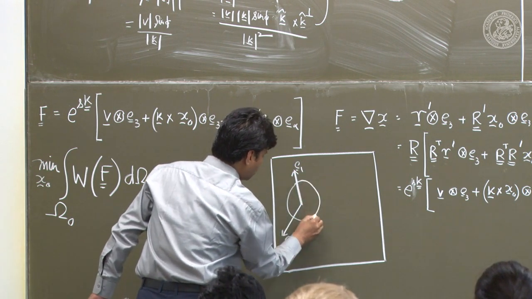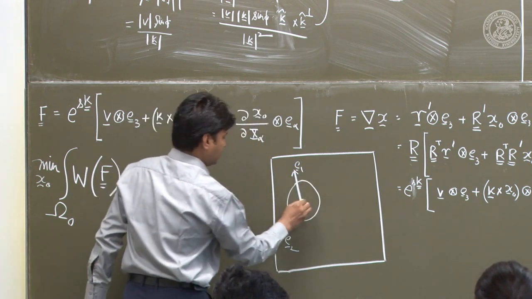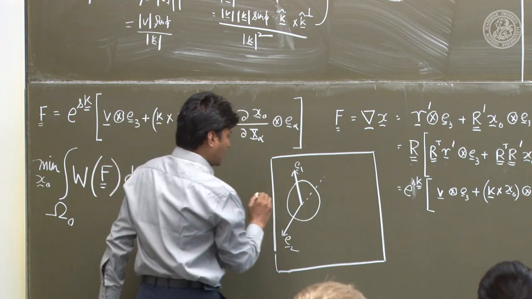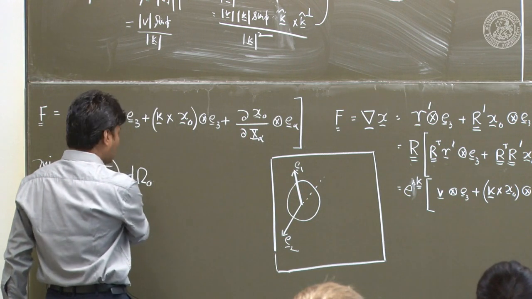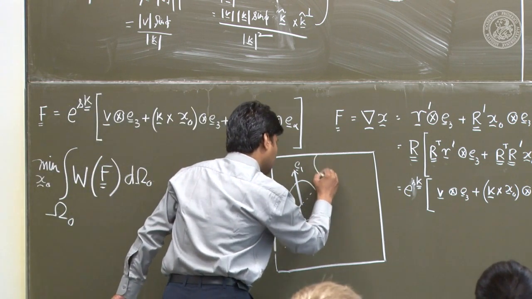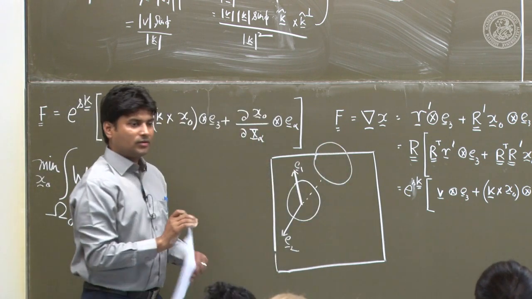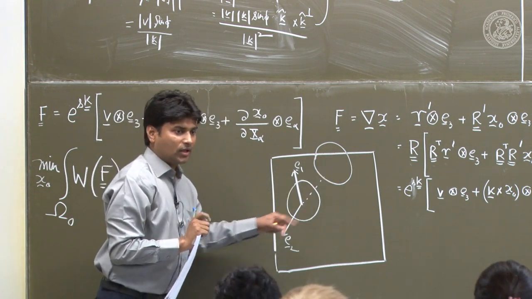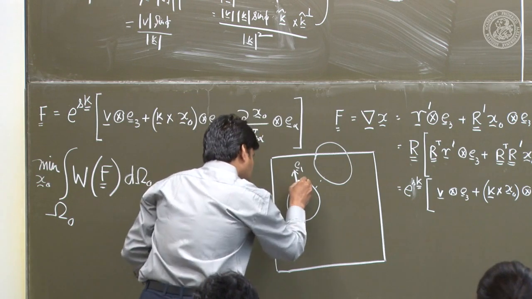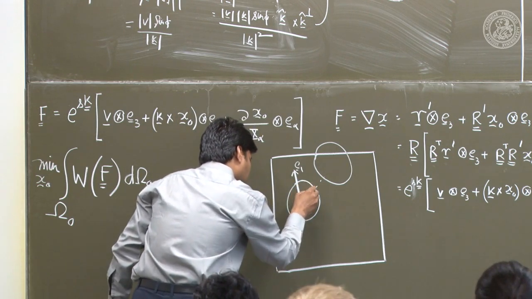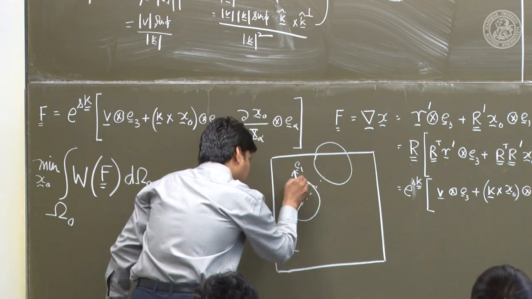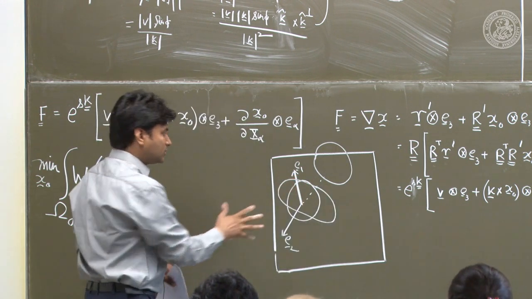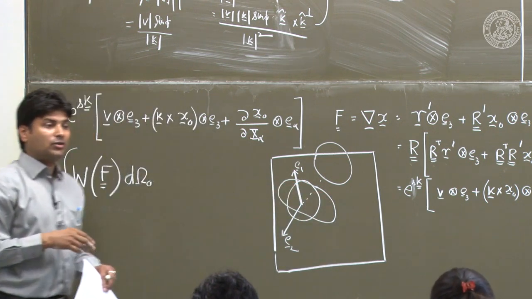See, what we want is it should be something like this. And we do not want that little x naught turns out to be such that it comes over here, then the center line is no more at the origin. And further, we do not want that maybe the center line remains at the origin, but it becomes something like this, such that the orientation has changed. We do not want that to happen also.